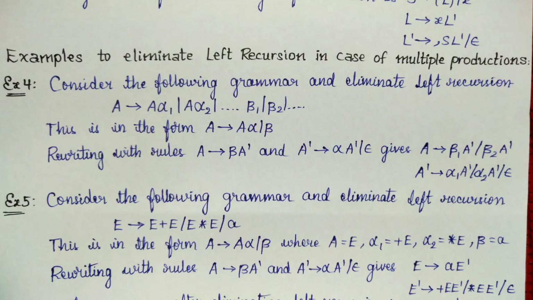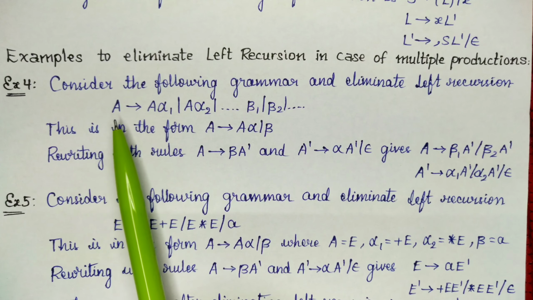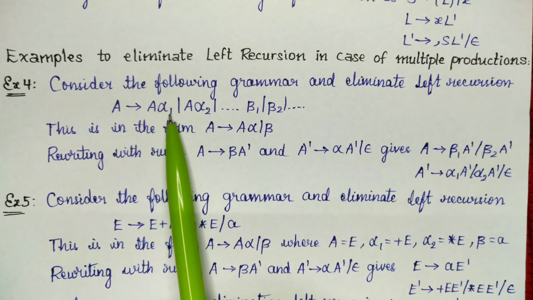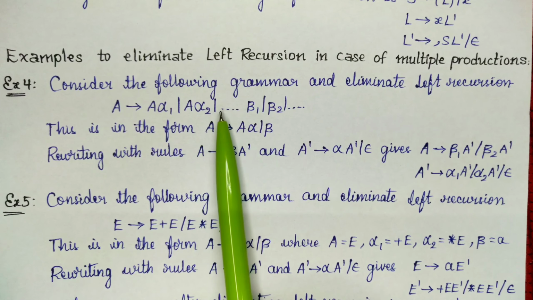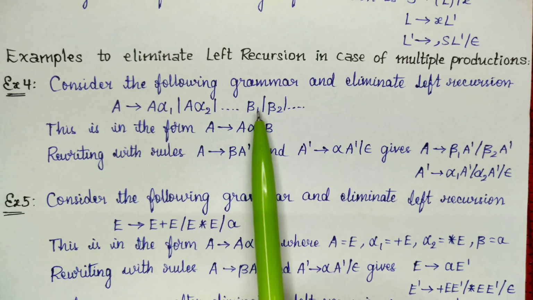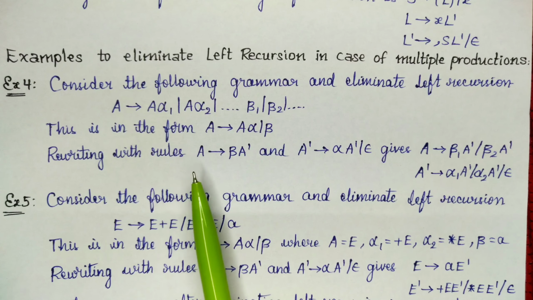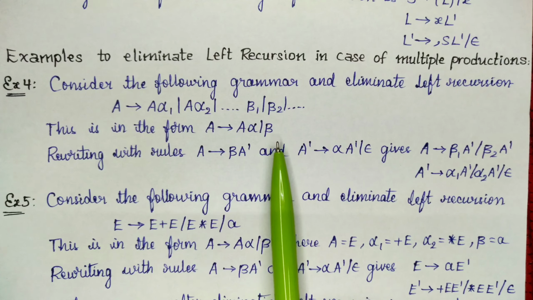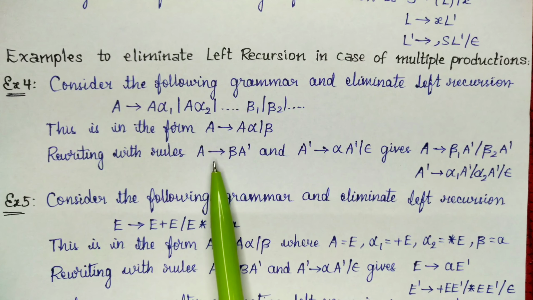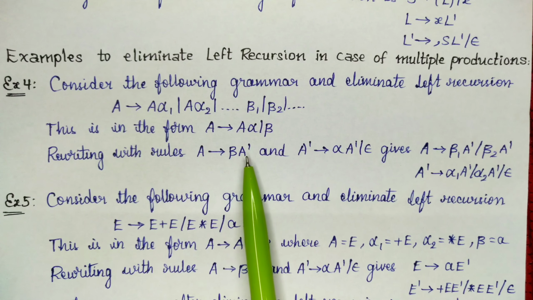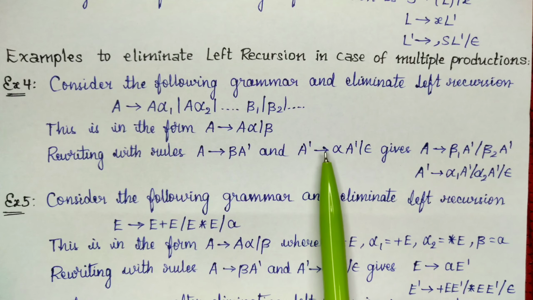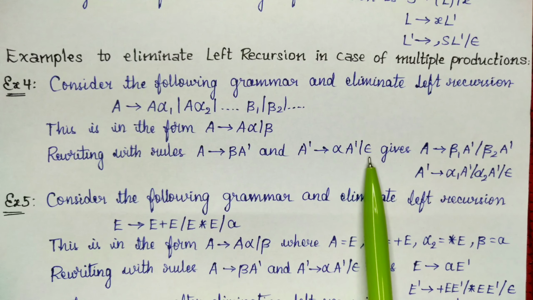Suppose if we have multiple productions, then let's see it with an example. Consider the grammar A produces A alpha 1 or A alpha 2 and so on, beta 1, beta 2 and so on. Usually we have the grammar A produces A alpha or beta, and it is rewritten as A produces beta A dash and A dash produces alpha A dash or epsilon.